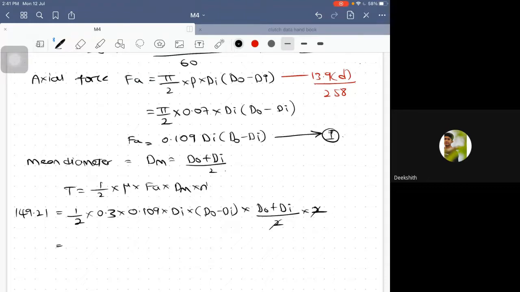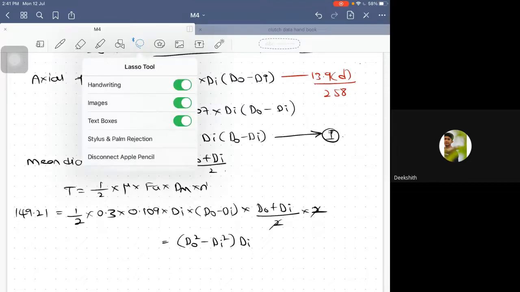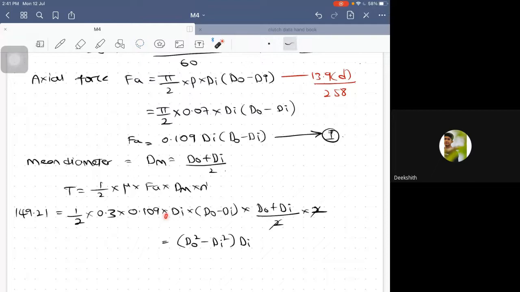Same thing I'll use here: d naught square minus di square, into di remaining. Very good. Now transfer all the numbers to the LHS and give me one whole value.